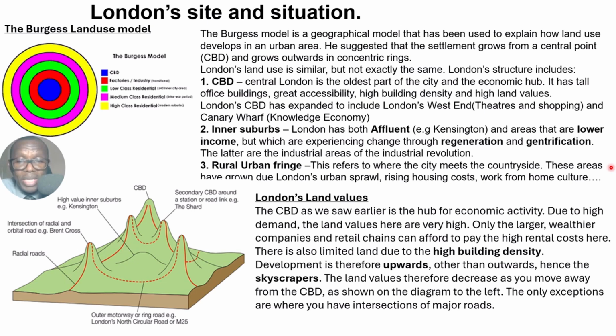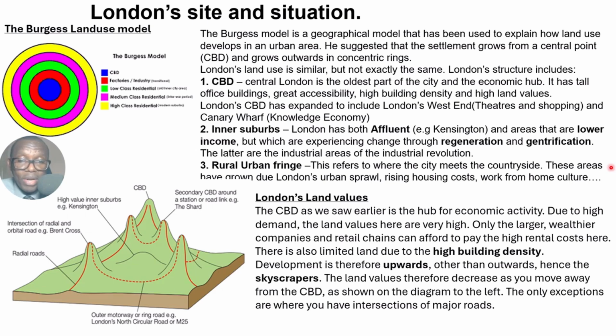Now London CBD has also expanded to include the West End, London's West End, where we have theatres and shopping, and has also expanded into Canary Wharf that we've talked about, which is the center rather of the knowledge economy.